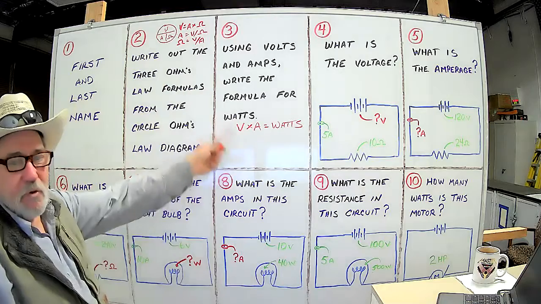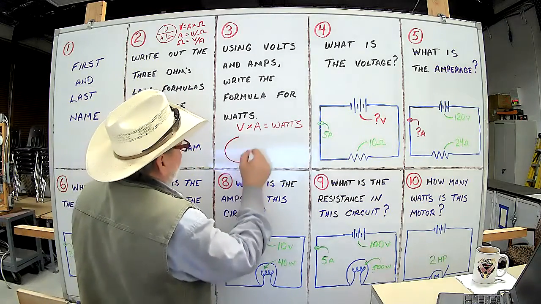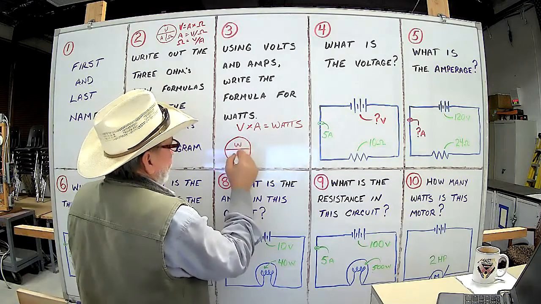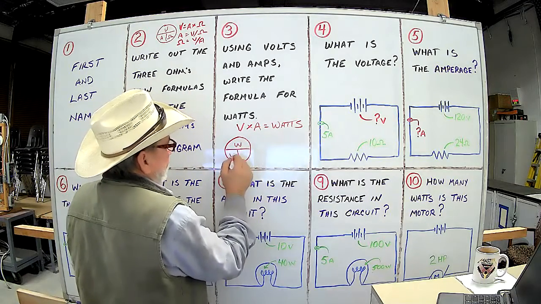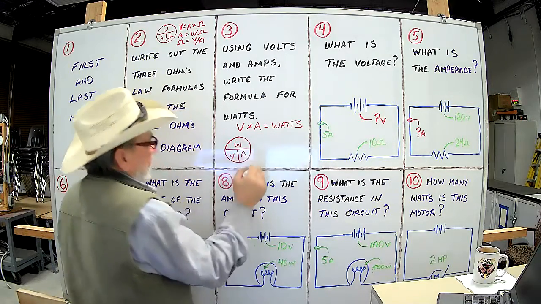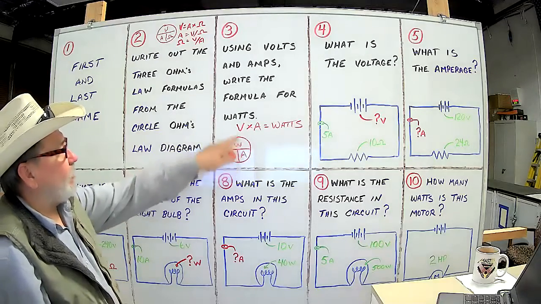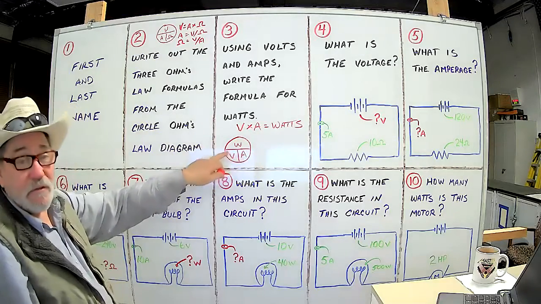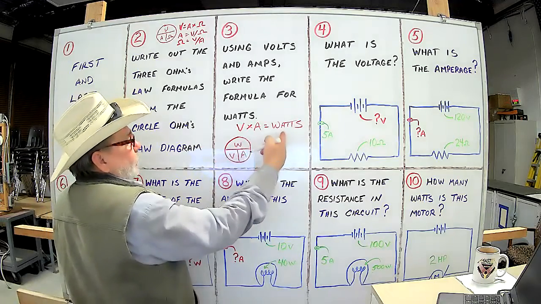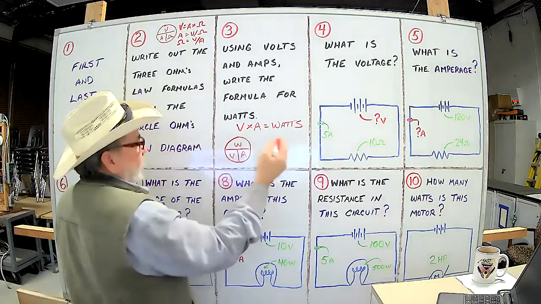The neat thing about this is we can make another little circle thing if we want. We can do our circle, only this time we'll put watts up top, and we'll put volts on the bottom, okay? And we'll put amps over here. So again, volts times amps equals watts, but that also means if you don't know one of the other three, let's say you know your watts, okay?